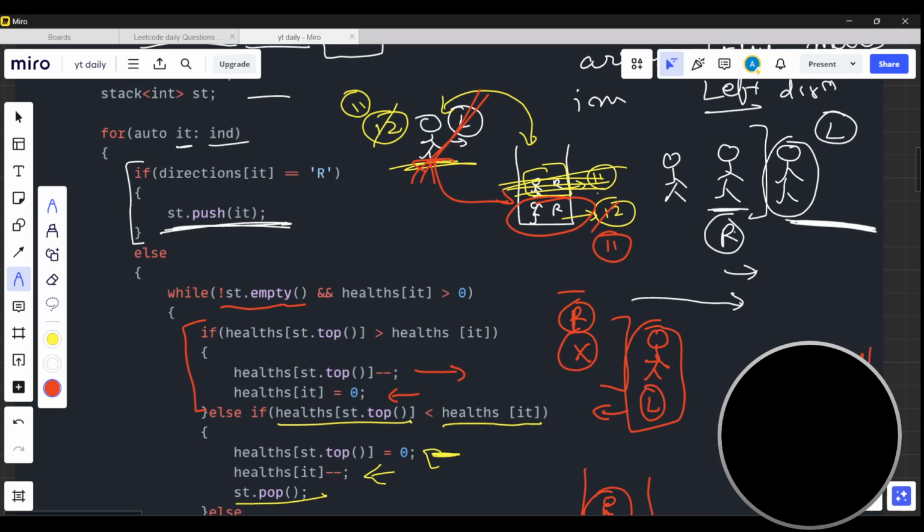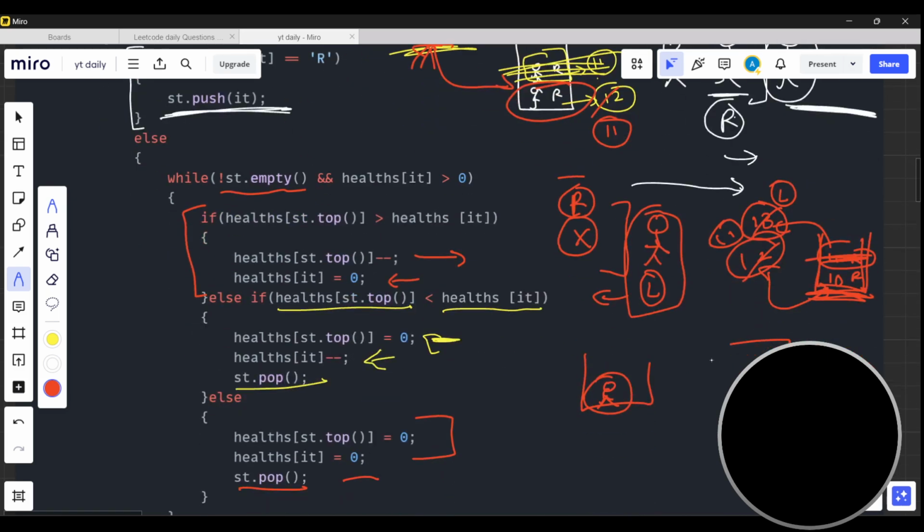When the stack is not empty, let's say I have a robot with health moving in the left direction. I have two robots which are moving in the right direction. This will collide with this, this will get popped and the health is decreased, then this robot will again collide with this, win, and then decrease.